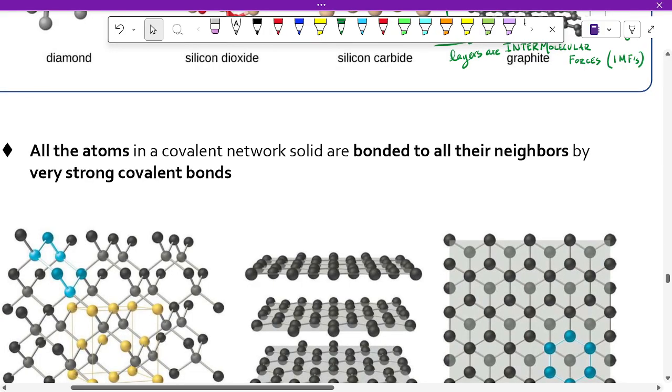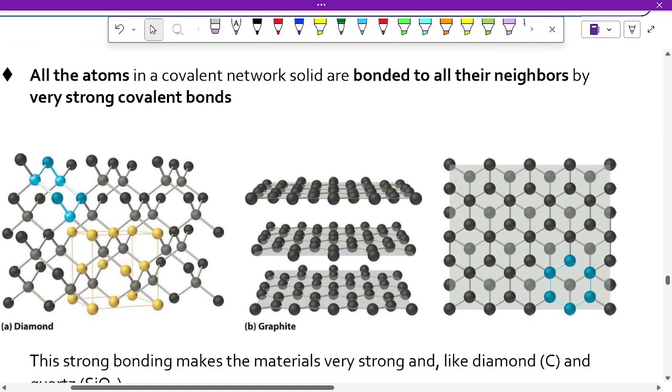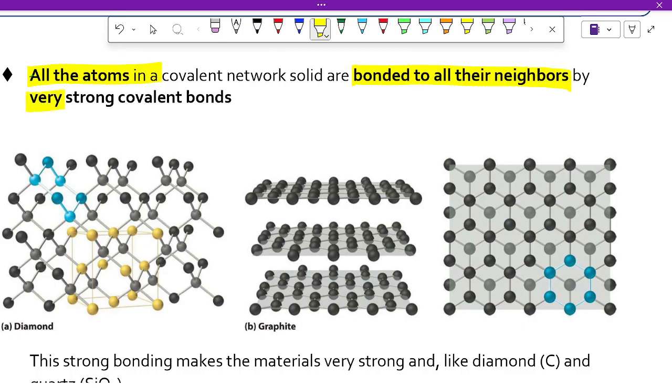So here are our pictures of our atoms. All the atoms are bonded to all their neighbors by very strong covalent bonds.